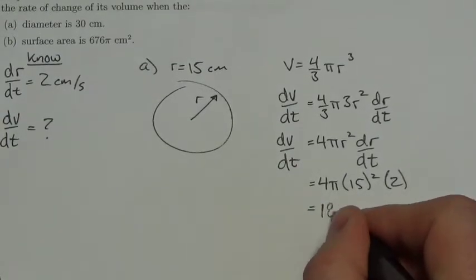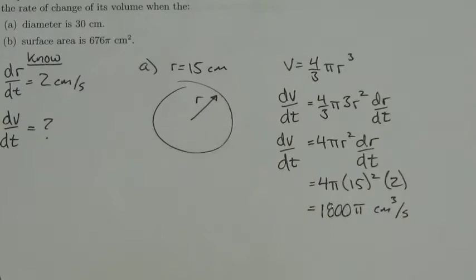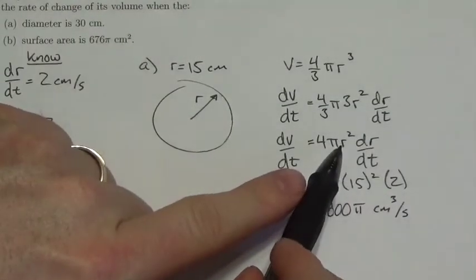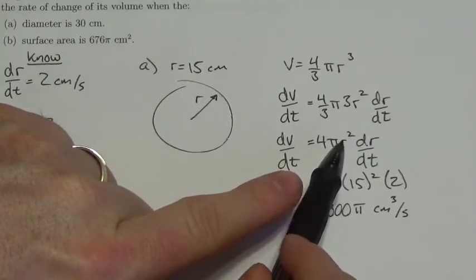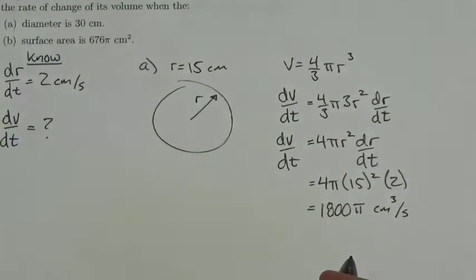And so this will become 1800 pi centimeters cubed per second. Okay, centimeters cubed per second. And that, again, that makes sense because the r is going to give me centimeters squared, and dr by dt will include another centimeters per second. Okay, and you'll notice that we don't often multiply that out. We'll just leave it as 1800 pi. That's fine.